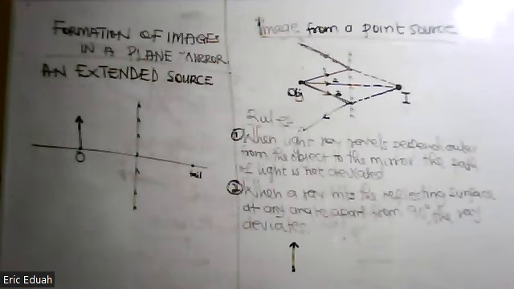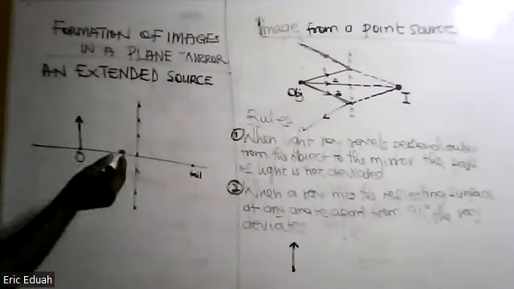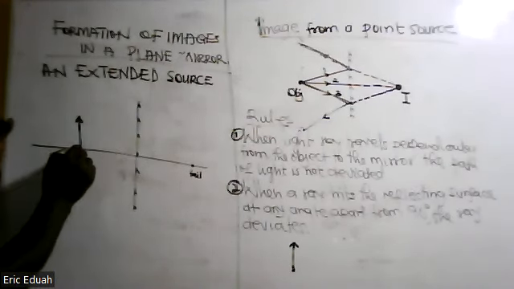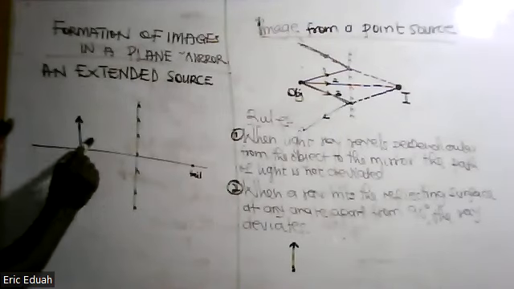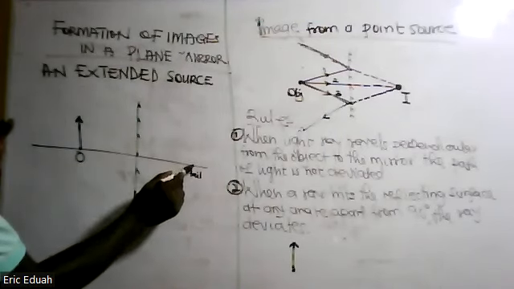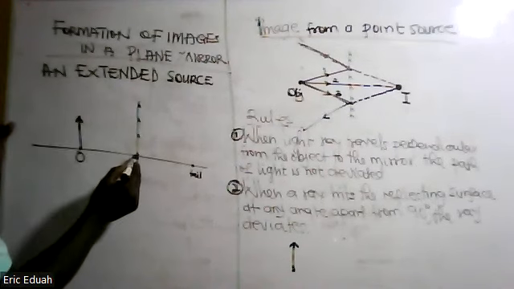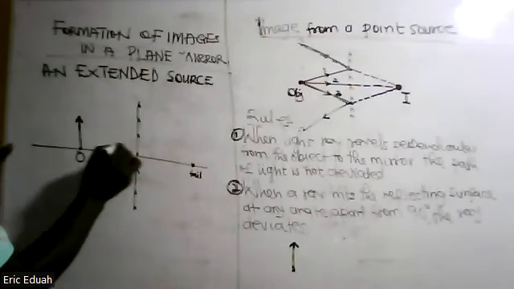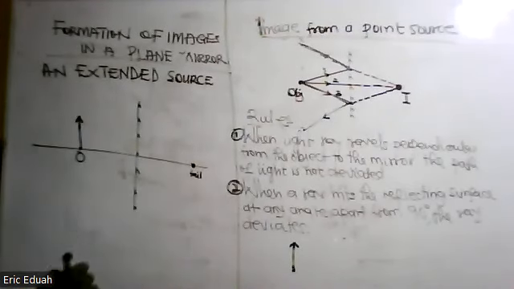By virtue of the fact that object distance is equal to image distance, if from here to here is 5 centimeters, then from here to here must also be 5 centimeters. So if I measure 5 centimeters from the mirror, I get the position of the tail, which is this end. Is that okay?